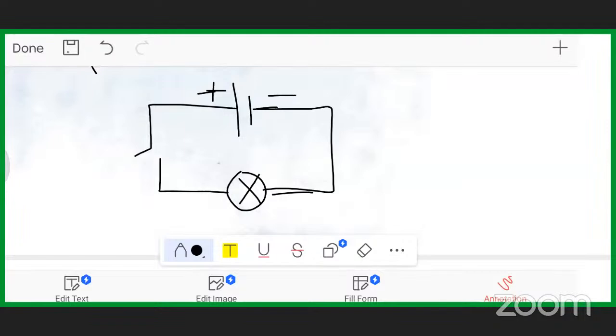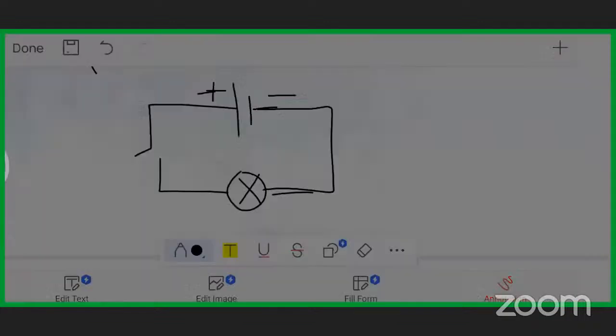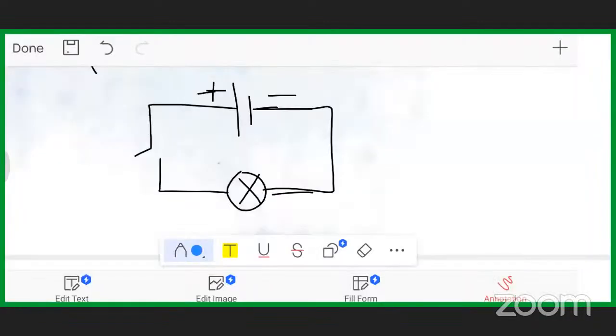So ideally, the charges, the electrons, will be flowing in this direction, from negative all the way to the positive. Of course, work has to be done in moving them through that conductor.